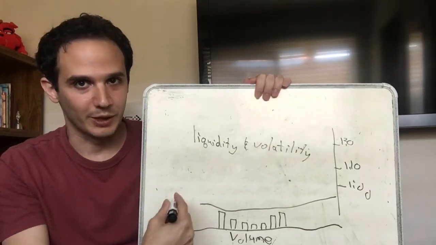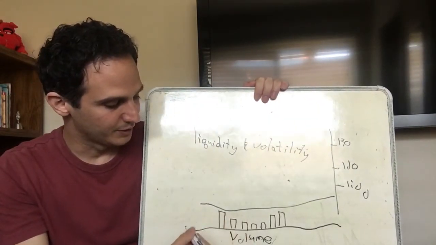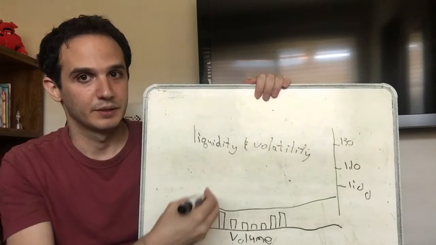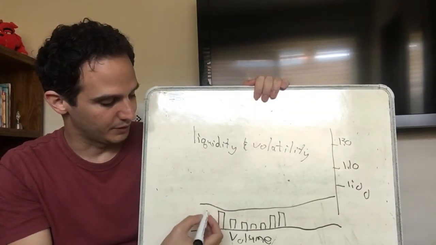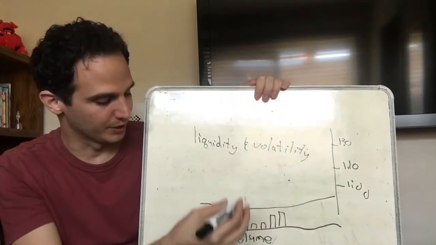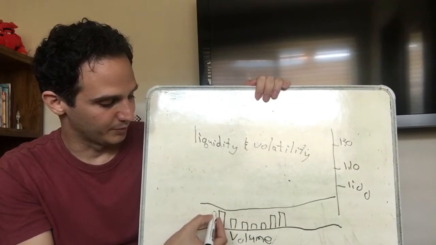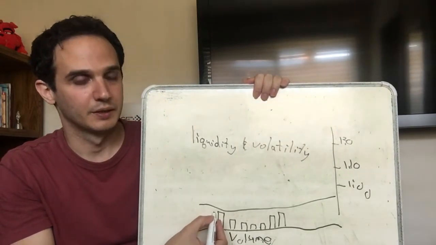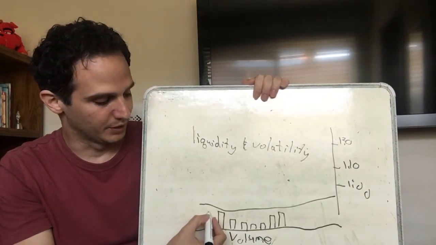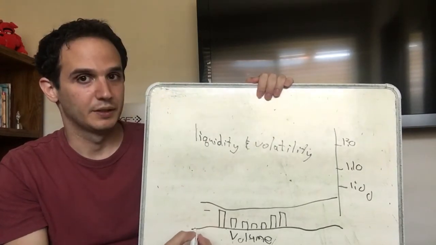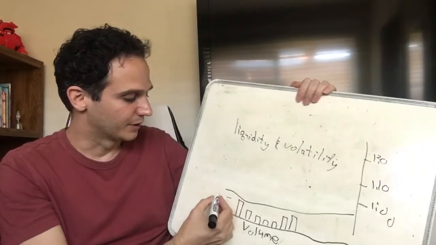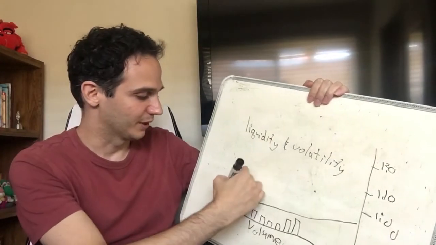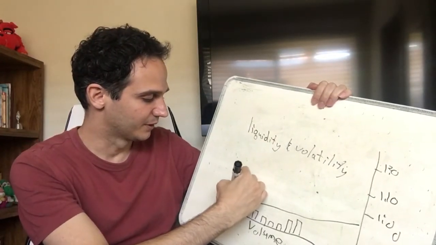And then the volume can be shown maybe in the thousands or in millions. So maybe up here, this would be 800K. So that means 800,000.